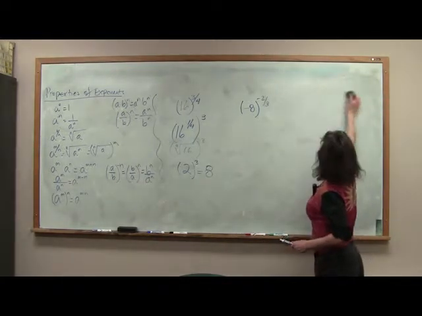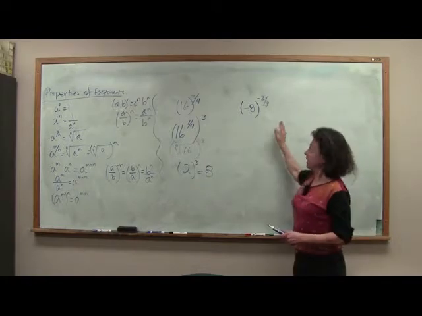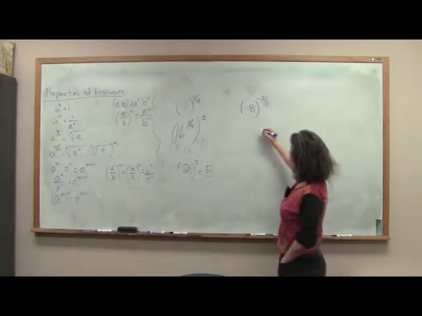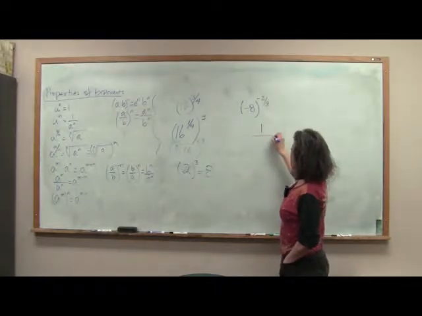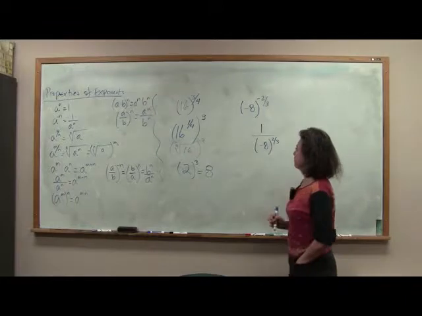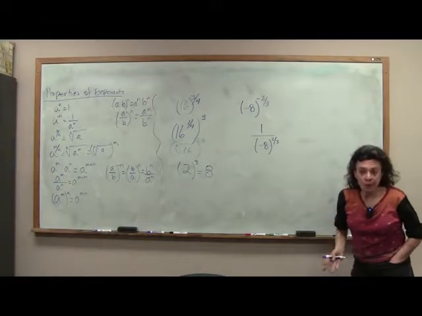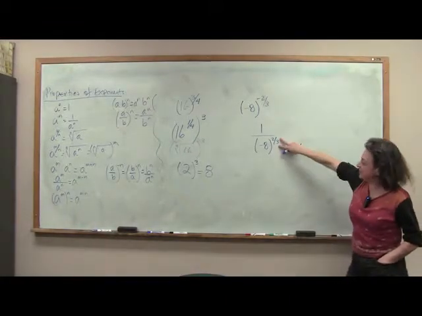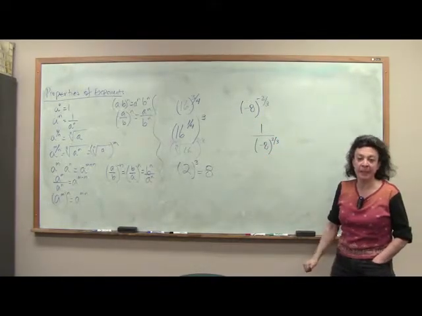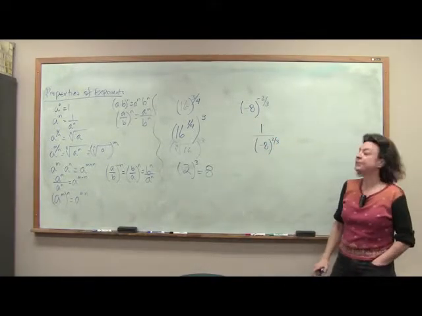All right, the first thing that I would do is get a positive exponent. How do you make your exponent positive? What you do is you bring him down to your denominator. Okay? Notice that changed the sign of my exponent. It did not change the sign of my negative 8.